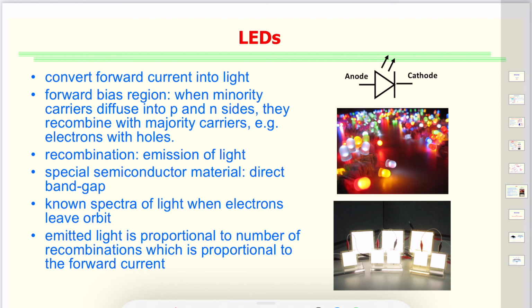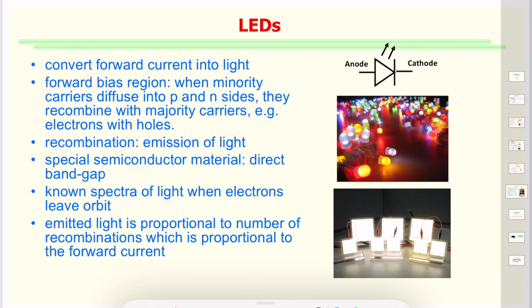They can produce light in many colors. They can also be designed to produce coherent light, of one wavelength and with very high spectral purity, and that's what we call laser diodes. Laser diodes are used in optical communications, optical data storage and many other things.